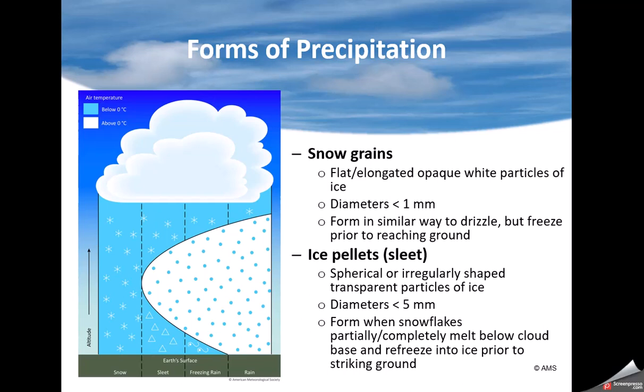However, say that little area of warmth is relatively small, and yet below there, it's back below freezing. What happens is the snow melts to rain, and when it hits the ground, the temperature has dropped back below freezing. In the very lowest part of the atmosphere, we get ice.